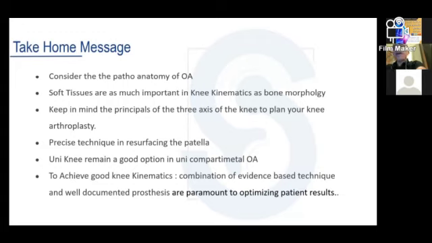in severe valgus, I am not sure about all of this, because our course is a basic course. It is not an advanced course.